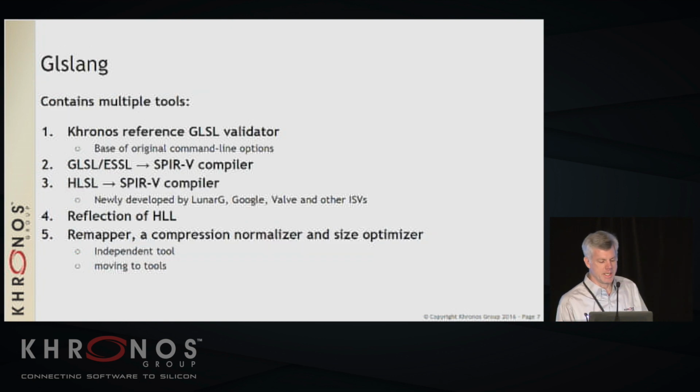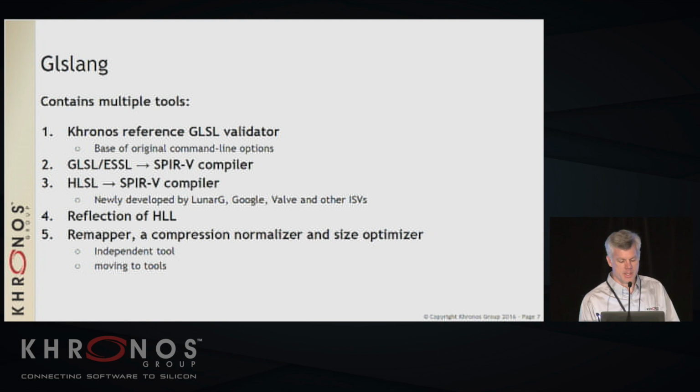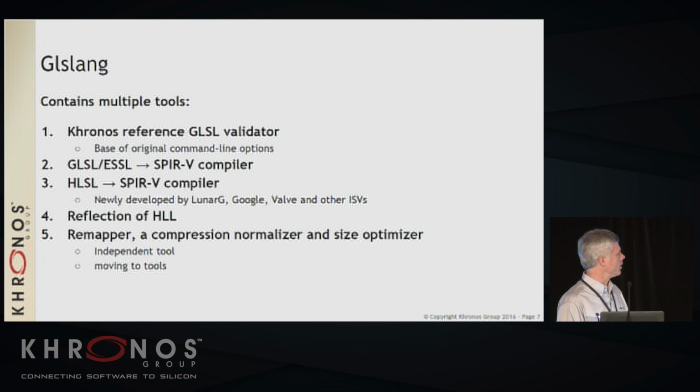So glslang is the main compiler today for translating GLSL into SPIR-V modules. It actually has several components in the repository. One that's been long-standing is a Khronos reference validator for GLSL, which helps you verify that your GLSL is portable across platforms for OpenGL or Vulkan or whatever.